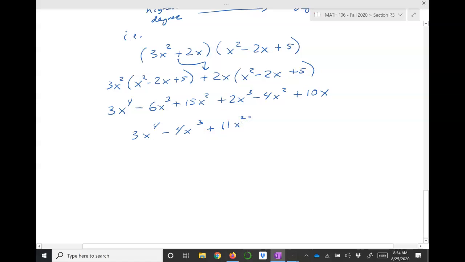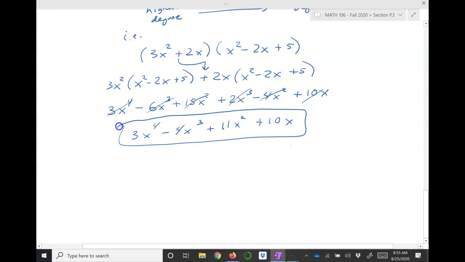And sometimes I'll even do this. Again, if you're going to do this, please make the strike-throughs not obtrusive so I can see what you're striking through. This way it helps you account for all the terms to make sure you didn't miss any. And then finally, the only thing that's left is a plus 10x. And then that one's gone. All right, so that's another little trick just to help you keep track of terms.